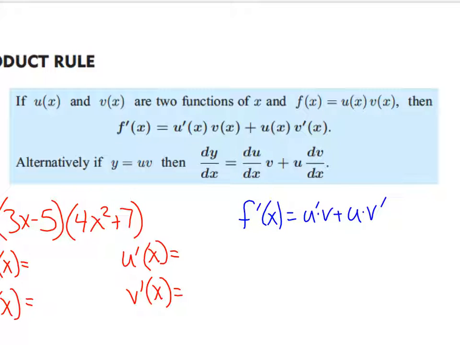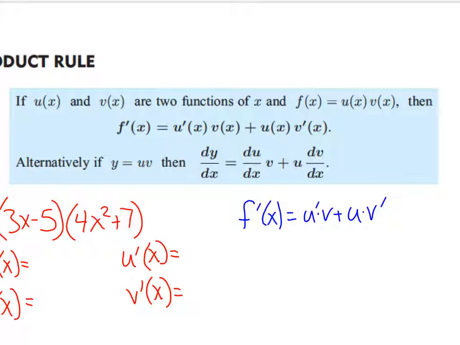You've got to be careful that you write neatly with this, because we use u's and v's. It's like back when we did vectors. We're talking about a function f of x that is the product of two functions, u and v.